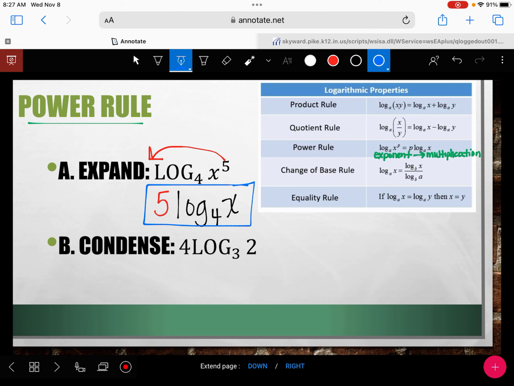That would be your final answer. So if you see an exponent attached to your answer, we move it to the front, it becomes multiplication. And also, going the other way, if you see a number that's being multiplied by a log, we can move that and it becomes an exponent. So it would be log base 3 of 2 to the 4th. And that would be your answer.